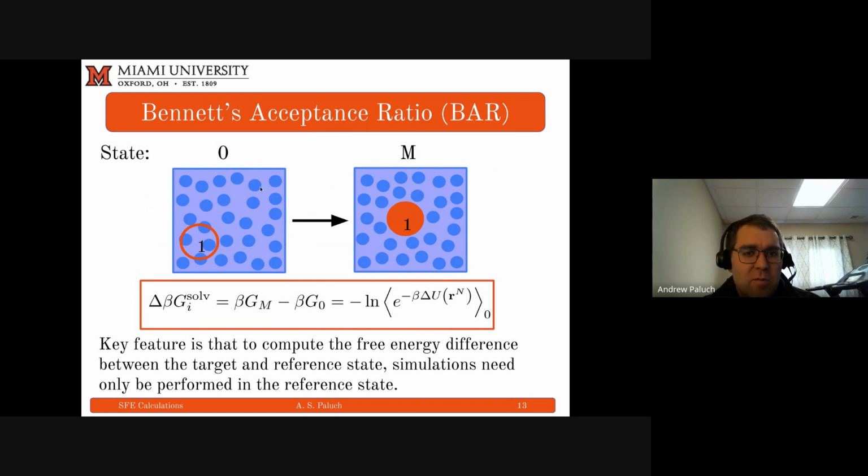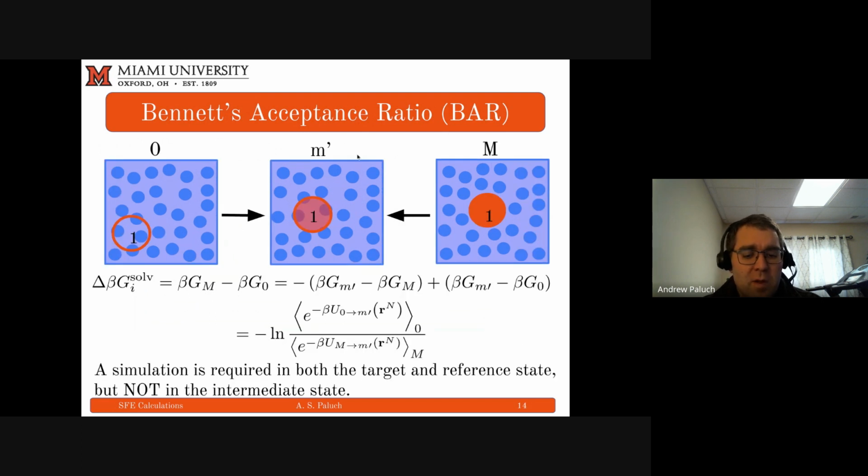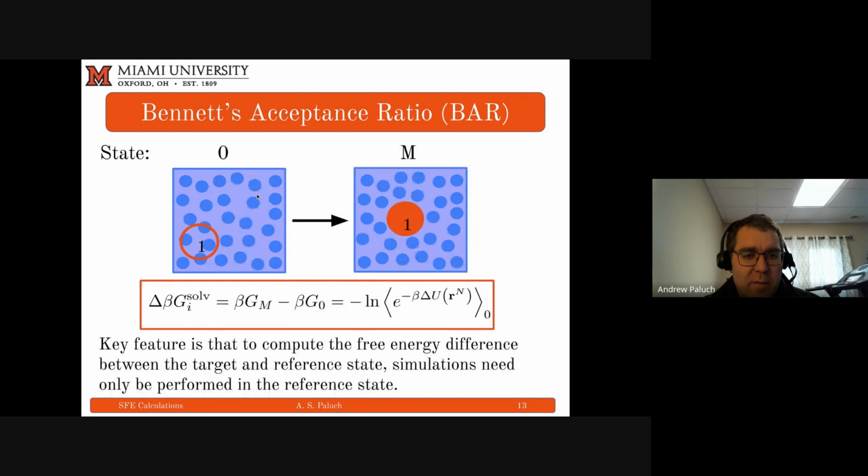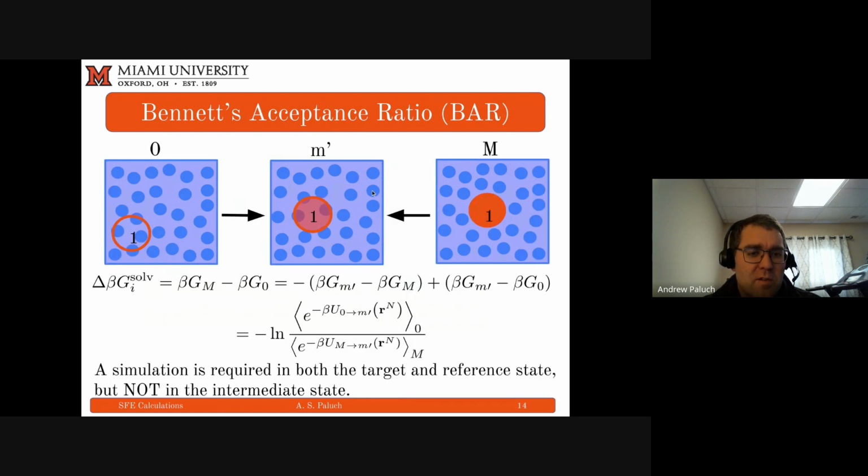All right, so now that's going to lead us to what's called Bennett's acceptance ratio method. The idea is, again, if I want to compute the change in free energy between two states, I need only perform a simulation in one of these states. I can perform a simulation just in state zero and use that to estimate the configurational integral in state M. So the idea behind BAR is, if I want to compute the free energy difference between state 0 and state M, I'm going to create some intermediate state, which I call here M prime.